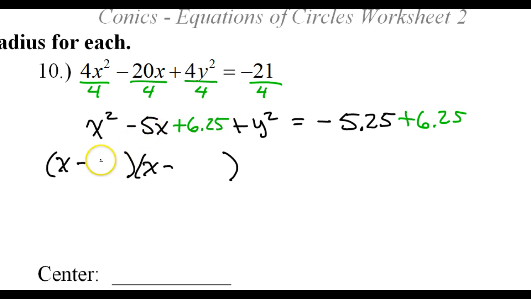So we kind of knew it would be 2.5. I've still got this y squared, don't forget about it. Now, negative 5.25 plus 6.25, that's 1.